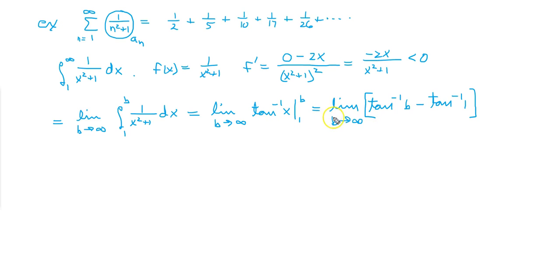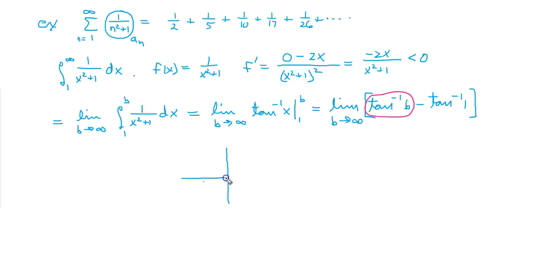Alright, so now we've determined that this is equal to the limit as b goes to infinity of arctangent of b minus arctangent of 1. Now what is this quantity right here as b goes to infinity? Well, you have to remember what the graph of the arctangent looks like.